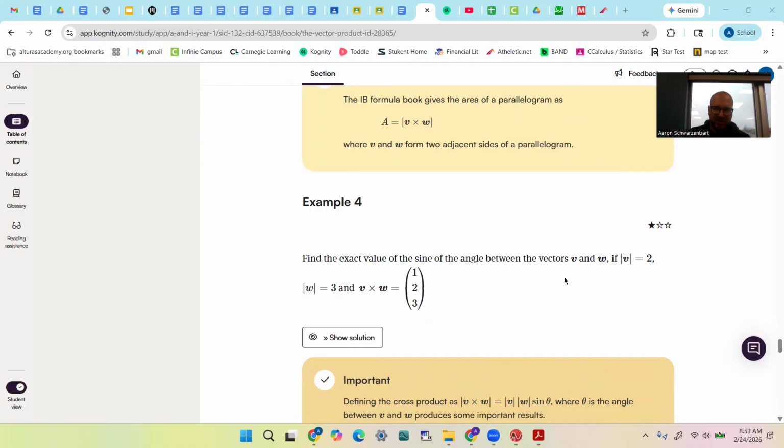So, find the exact value of the sine of the angle between these vectors. Okay, so it doesn't give me the angle, it gives me the cross product. So the area is the magnitude of the cross product, which is 1 plus 4 plus 9, square root of 14.